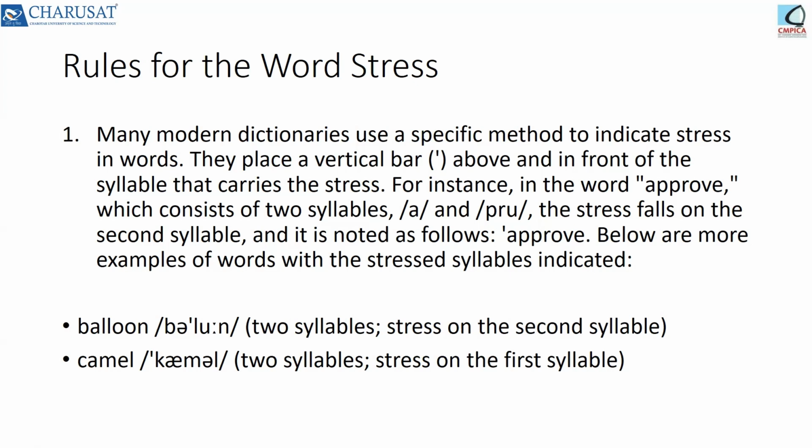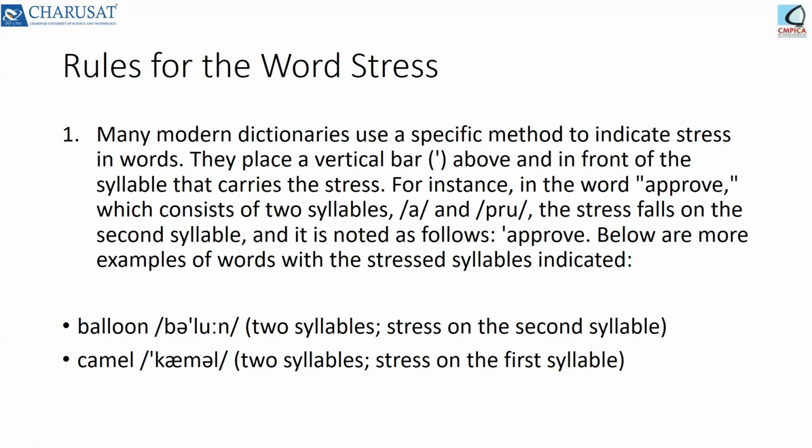And from word to word, not every disyllabic word will have only first prominence, nor will every disyllabic word have a second prominence. That cannot happen. So therefore, we are going to understand what are the guidelines or the rules that tell us how the word will take the stress.